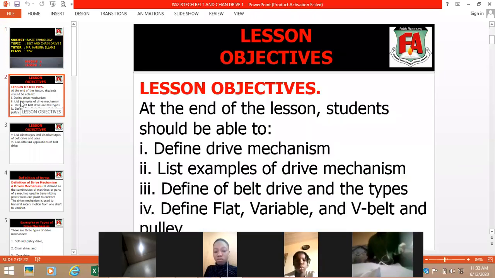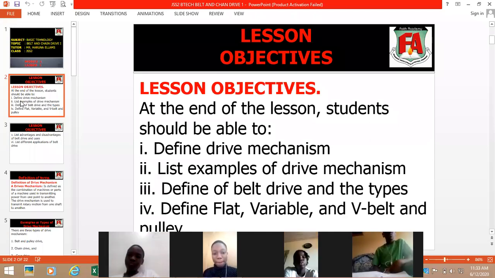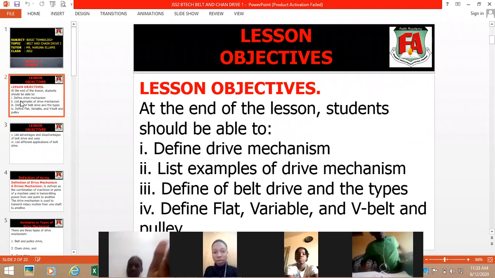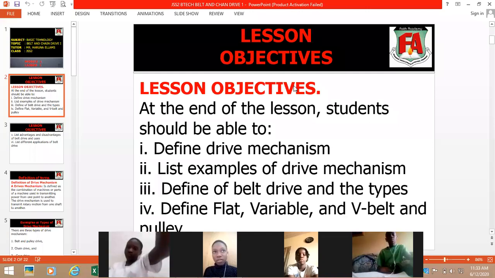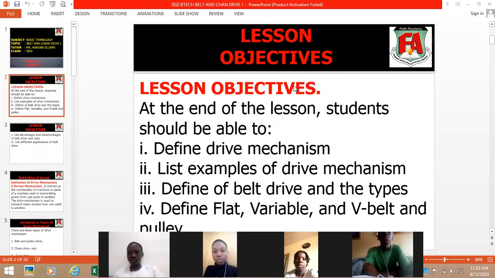At the end of the lesson, students should be able to define drive mechanism, to list examples of drive mechanism, define belt drive and the types.